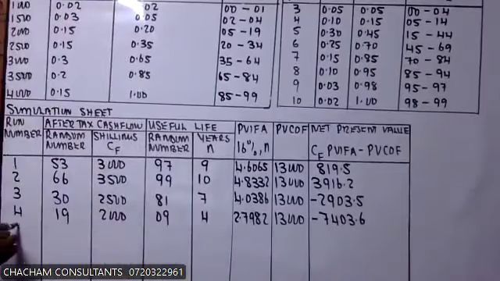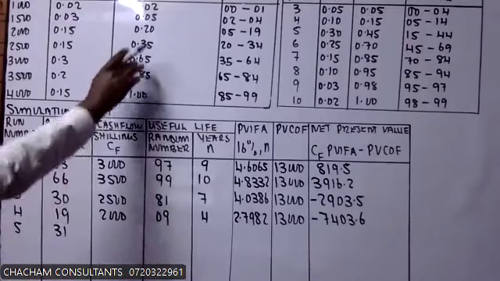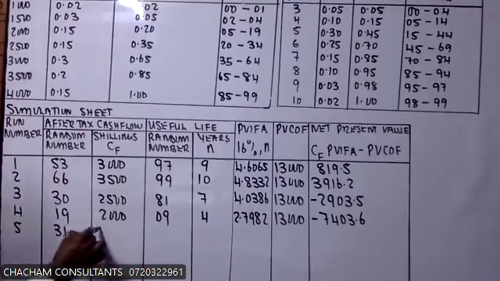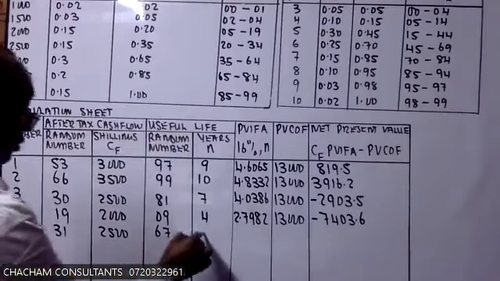Next is number 5. For number 5, the random number is 1. So that 1, looking here, gives me 2,500. Followed by 67. 67, looking there, gives me 6 years.